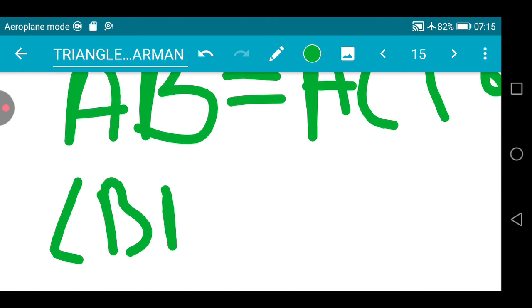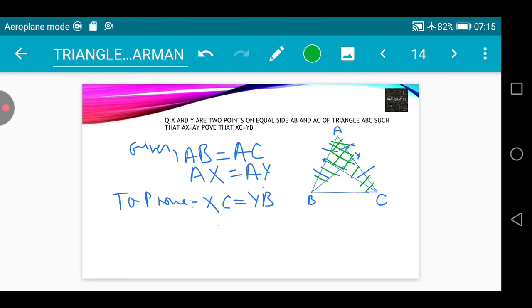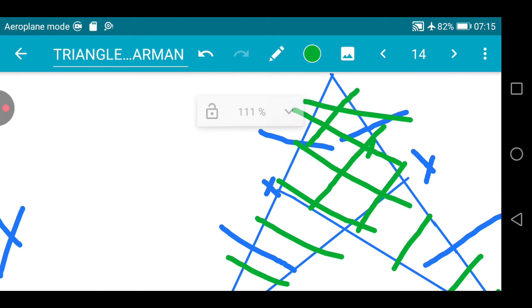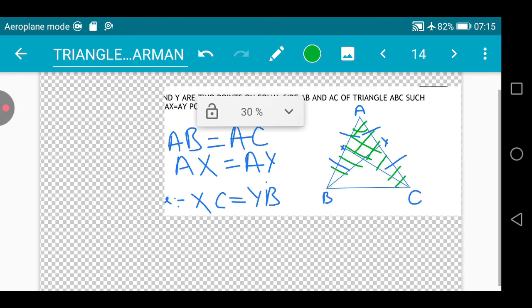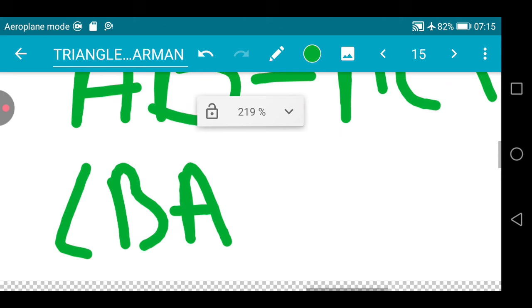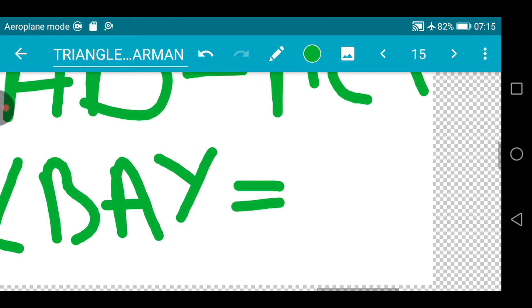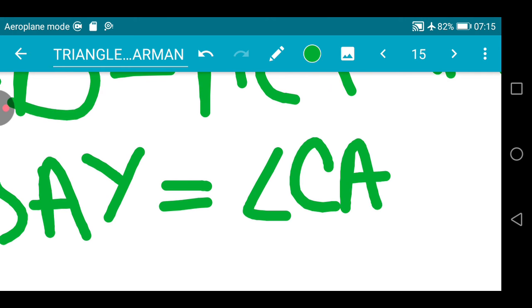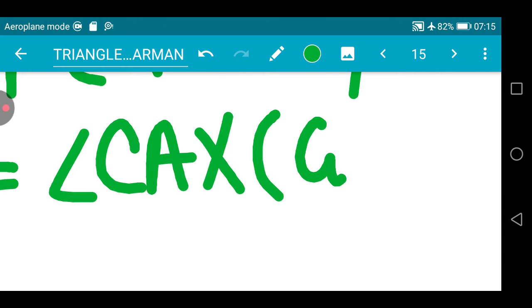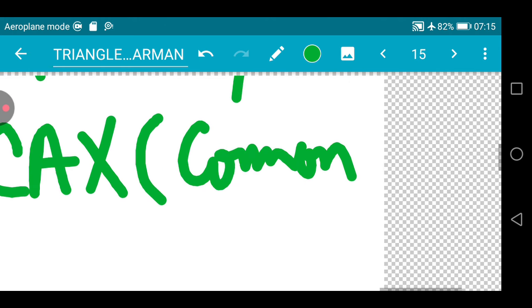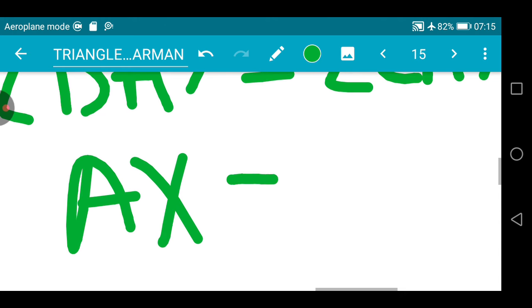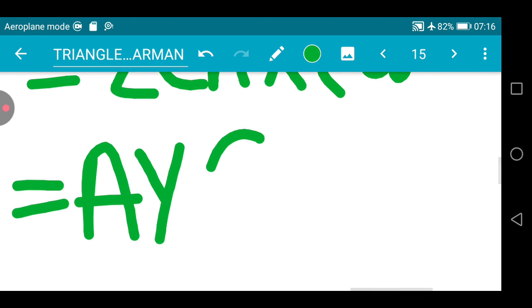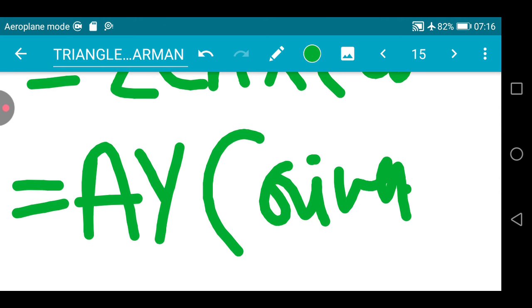Angle BAY and angle CAX are the same angle, common to both triangles, so angle BAY is equal to angle CAX. One more side is given equal: AX equal to AY. It is given.